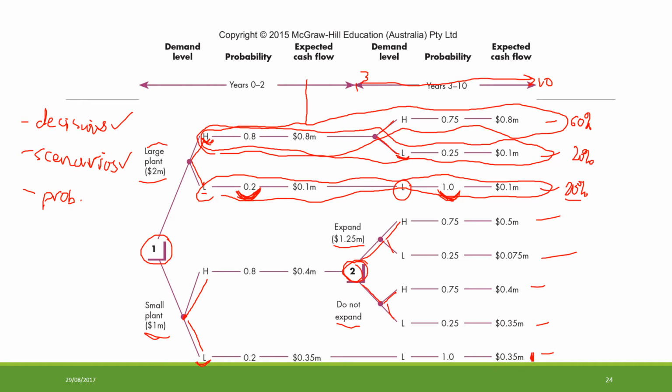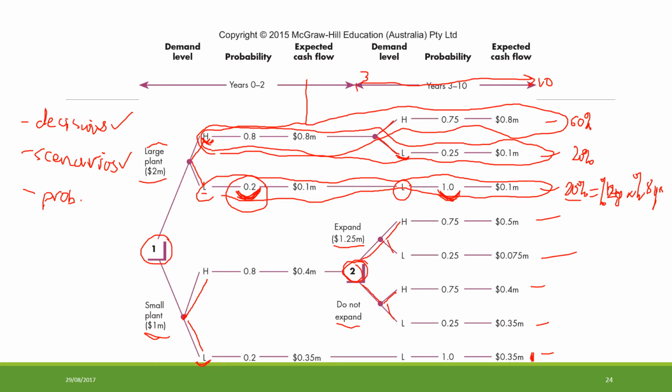So this overall probability here is given by the probability in the first 2 years times the probability in the last 8 years, right? So if the probability of the last 8 years is 100%, the probability in the first 2 years would therefore be 20% divided by 100%, and that's 20%.